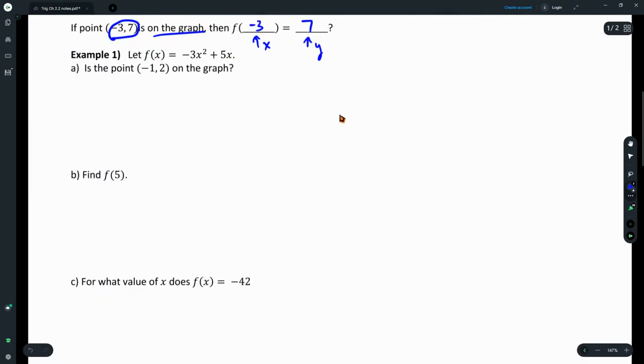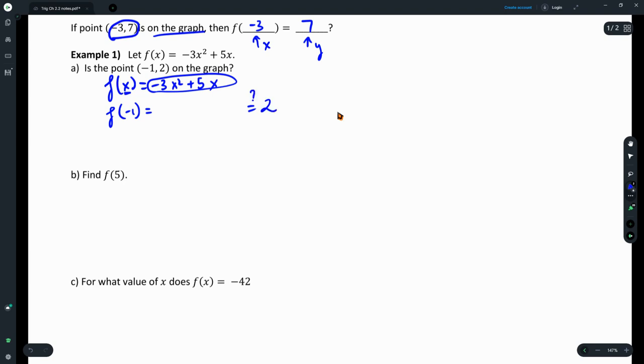Let's look at example 1 here. I have f of x is equal to -3x squared plus 5x. Remember, the number that goes in here is the x, and whatever the y is, is the right portion. So I have f of -1. Is it equal to 2?